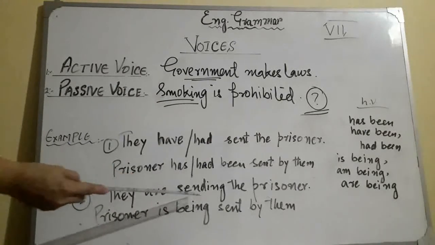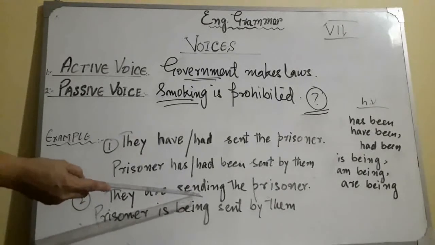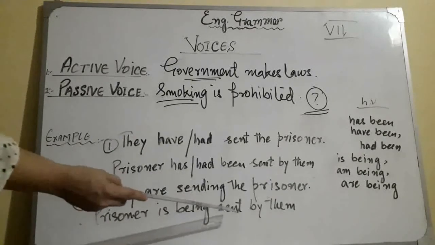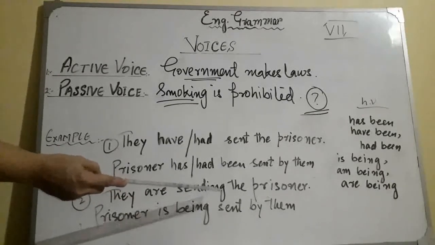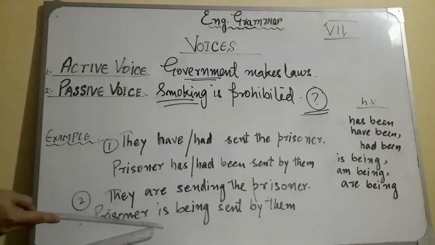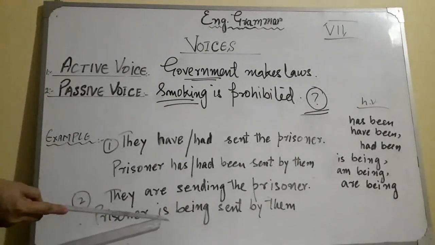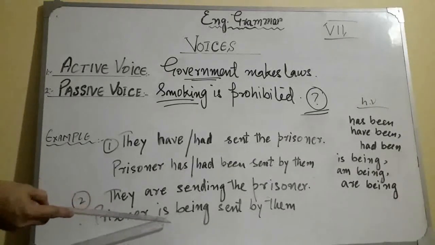For the continuous action in passive voice, I told you that we always use the third form of the verb. That's why for showing the continuity of the action, we use being with the helping verb. Is is our helping verb for the present tense and being for the continuous.